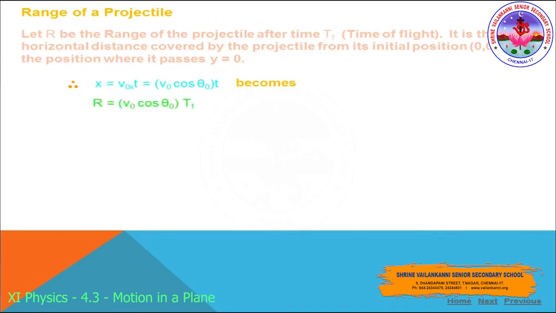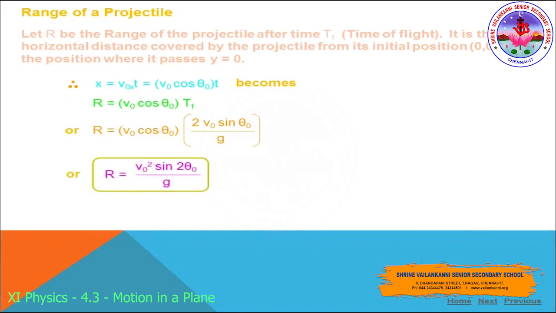Then x is equal to v naught cos theta times t, and it becomes the range of the projectile. So R is equal to v naught cos theta into the time of flight, which is 2 v naught sin theta by g. Applying the value and simplifying, R is equal to v naught square sin 2 theta by g. Got it?